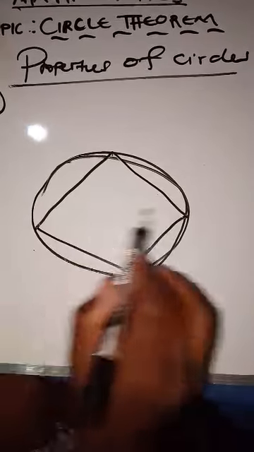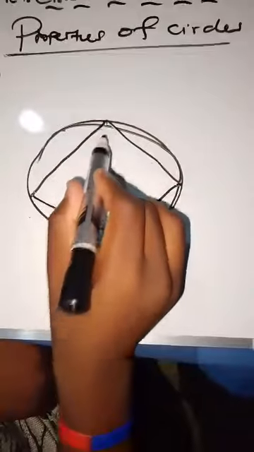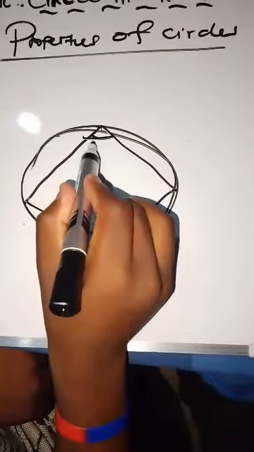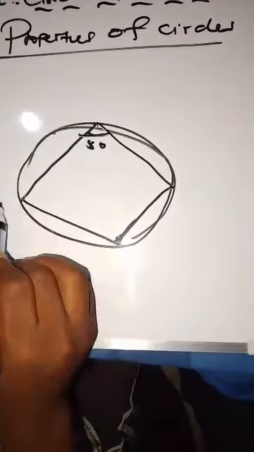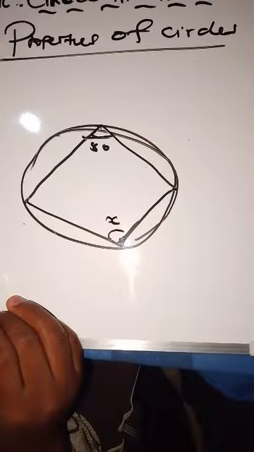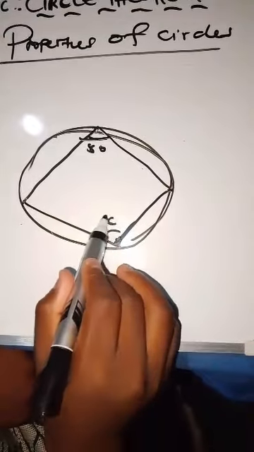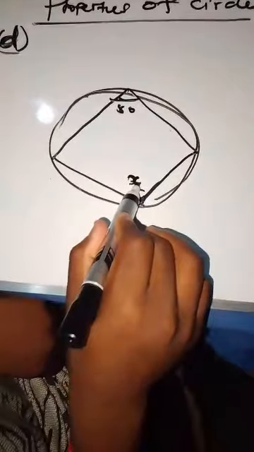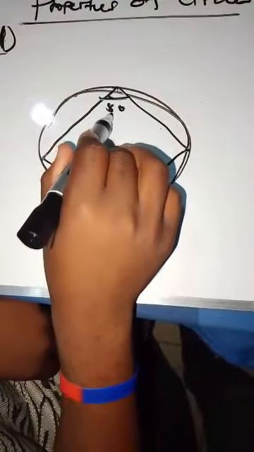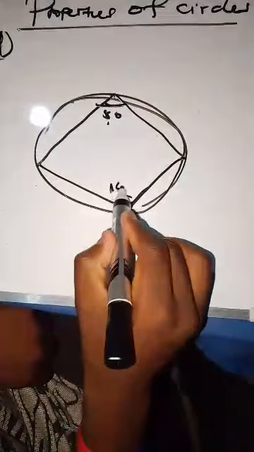Okay, so let's say you've been given this one to be 80, then they tell you to find this one, which is x here. So since these ones add up to 180, for you to find this one, you simply subtract this 80 from 180. So meaning this one is going to be 100.